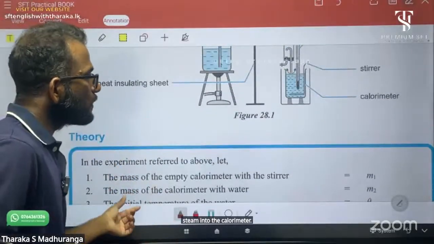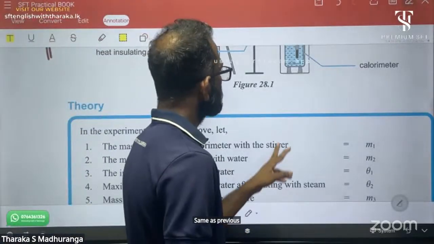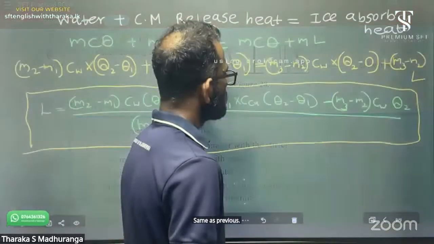Then what do we do? Same as previous. Measure the empty calorimeter.